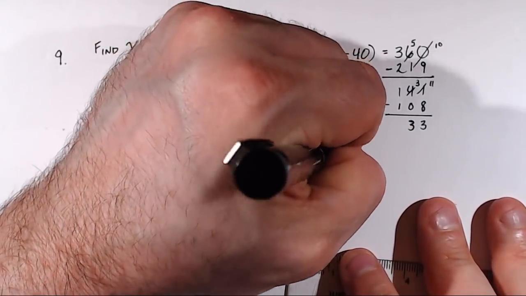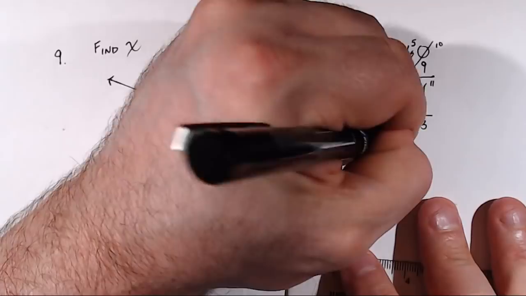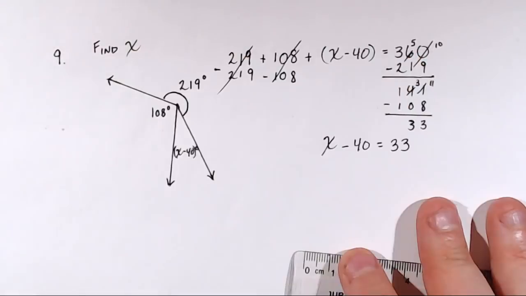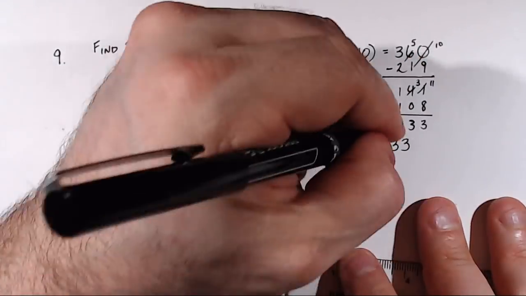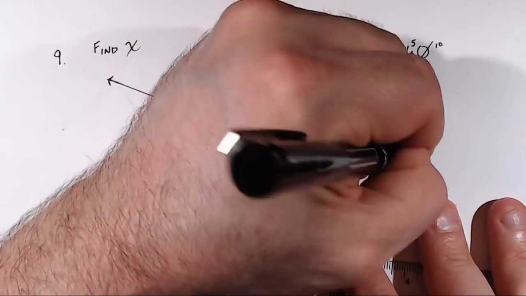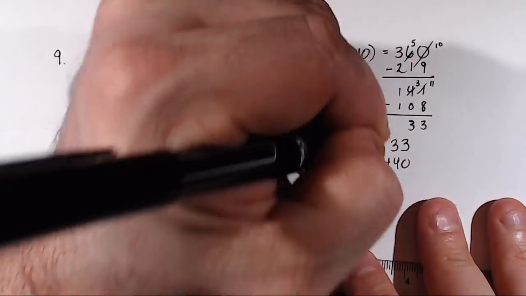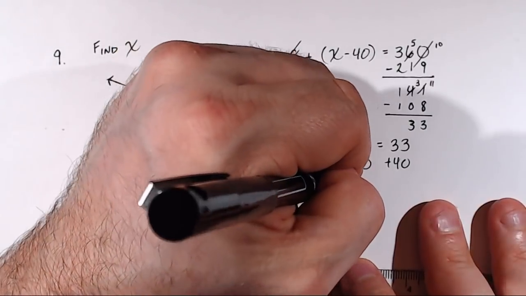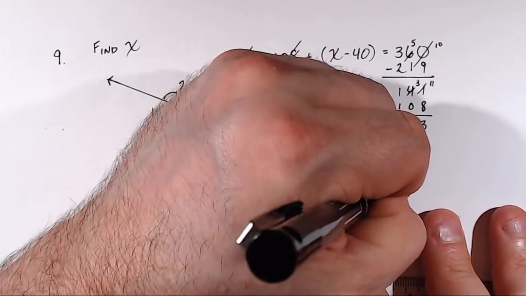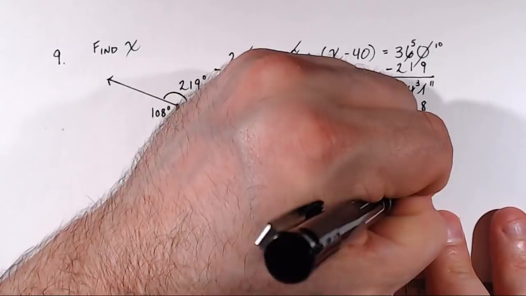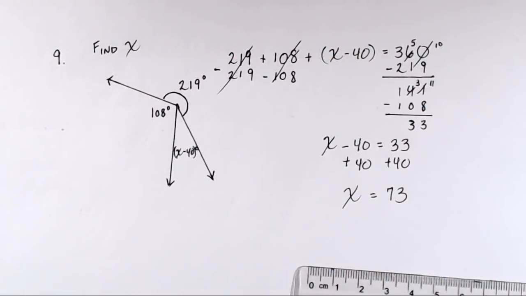And now I have x minus 40 equals 33. And I add 40 to both sides, and I get x equals 73.